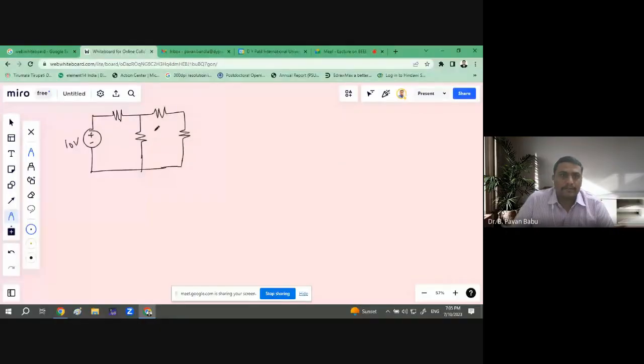Okay, so a single voltage source and the remaining are resistors. Let us consider this may be 10 volts. Oh my God. Okay, okay. Let me share the screen. So thank you for reminding me. So I hope you can see the screen now.